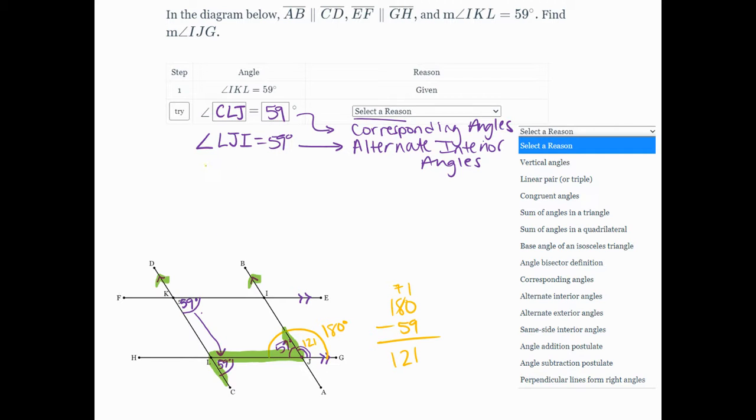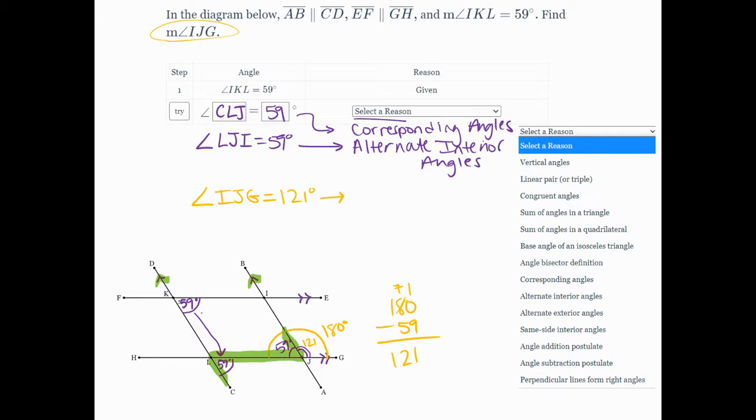And so I come up here and say angle, this is what I'm trying to find, so I'm going to match it to the directions. Measure of angle IJG is 121 degrees.